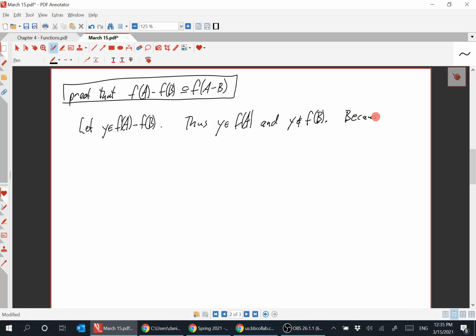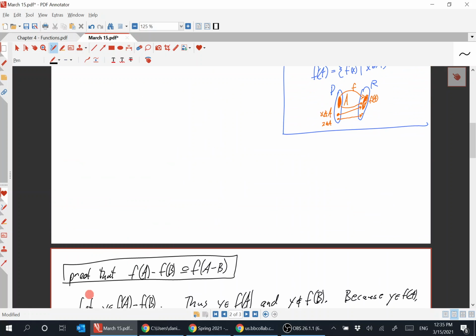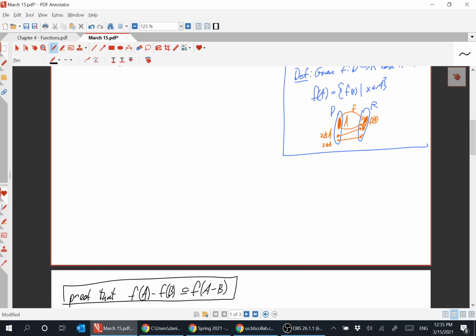Because y is in the image of A, what does that mean? An element y in the image of A looks like this: f of x, where x is in A.